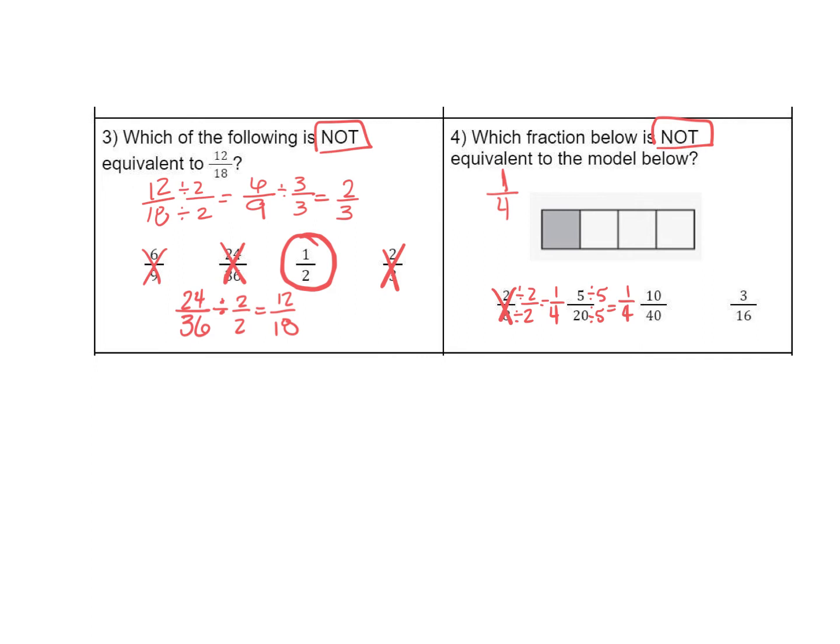So 5/20 is equivalent to 1/4. Guess what? If I divide the top by 10 and the bottom by 10, I get 1/4. So 10/40 is equivalent. And then I'm looking at 3/16. Well, 3/16 is in the simplest form that it can be in, so we automatically know that this is not equivalent to 1/4.